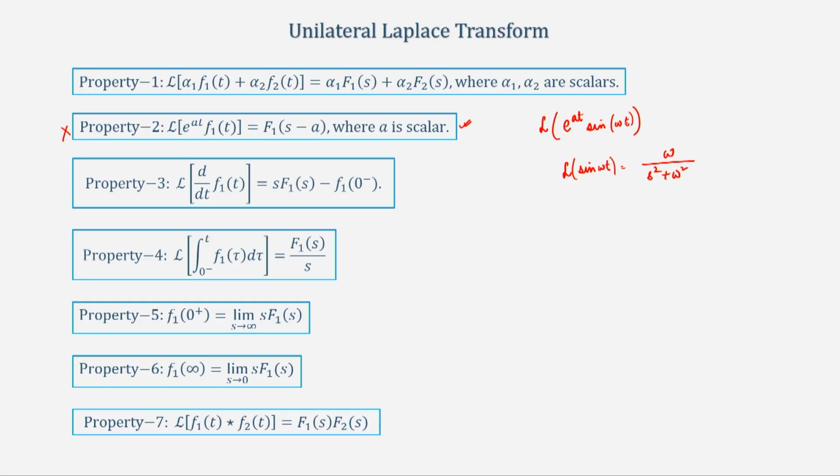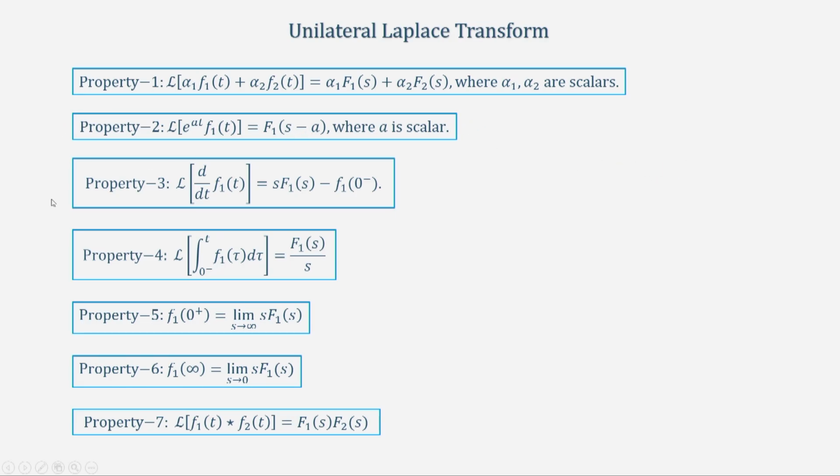In that case, it will be omega by s square plus omega square, but you see s is getting replaced by s minus a. So, this becomes s minus a whole square plus omega square. If this was minus here, then this would have become plus here. Okay, this is a very essential property. This will be required for us a lot.